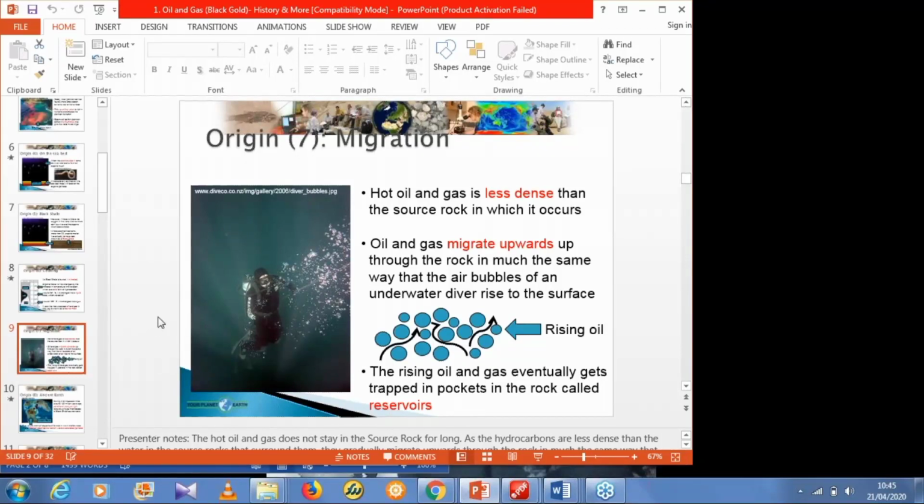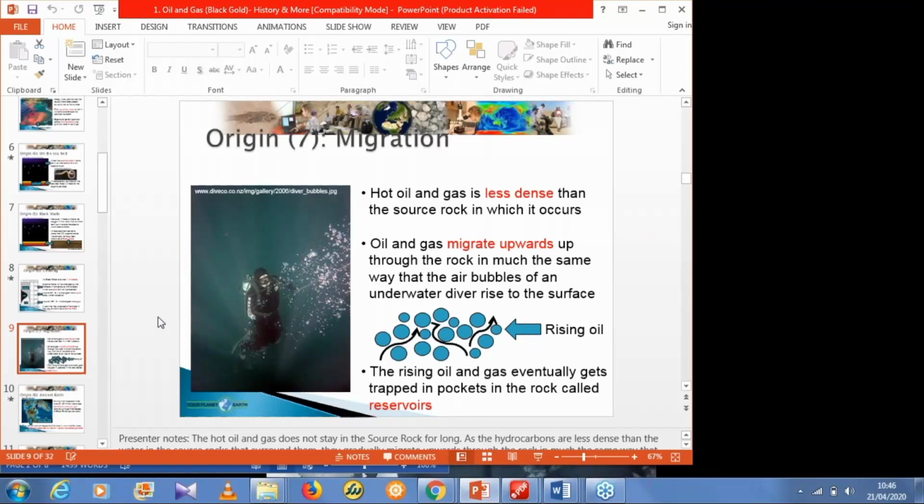We have oil and gas migrating up through the rock in much the same way that the air bubbles of an underwater diver rise to the surface. So you know how underwater divers' air bubbles come to the surface, like in filters.